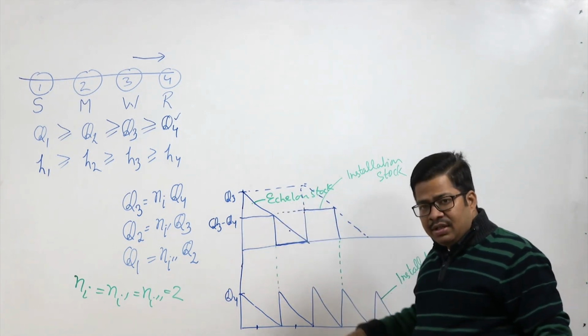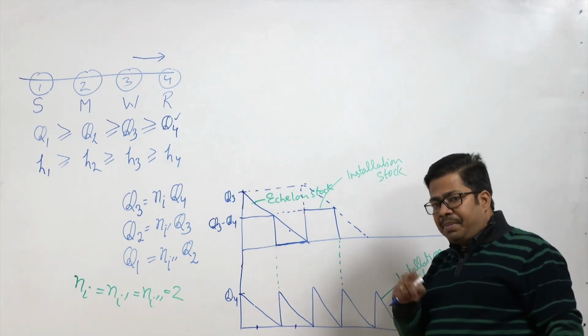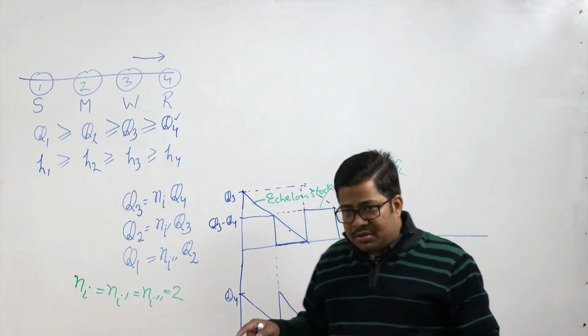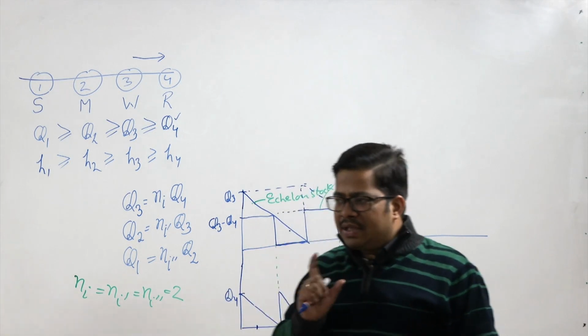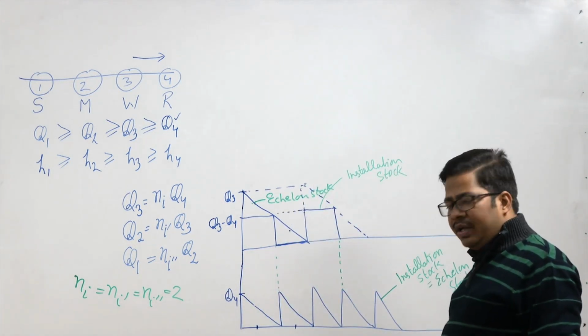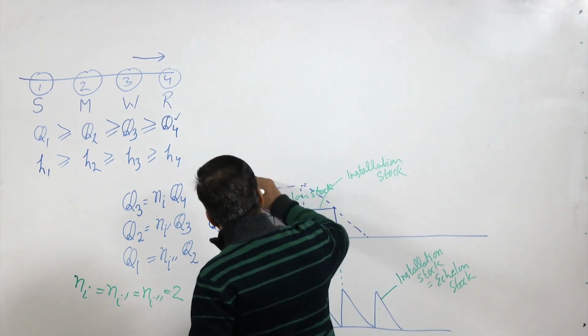So you can see that we can now apply the EOQ model for stage 3 also if we consider its echelon stock. Now let us take this case forward.